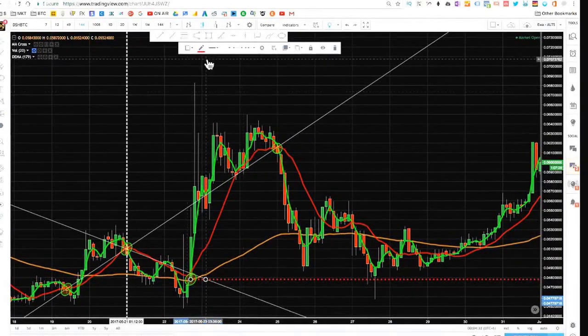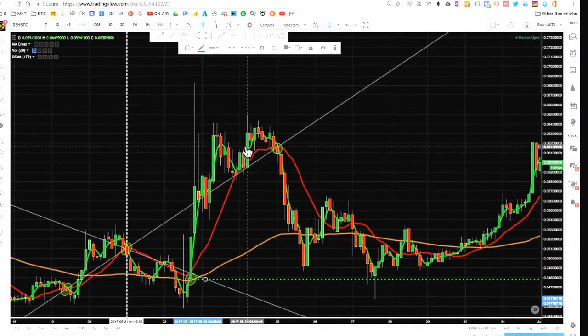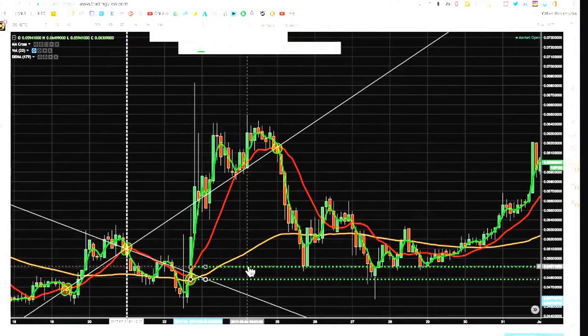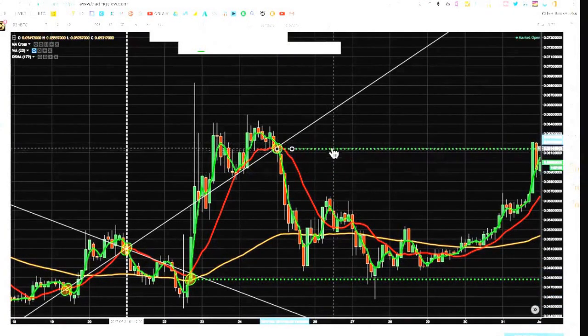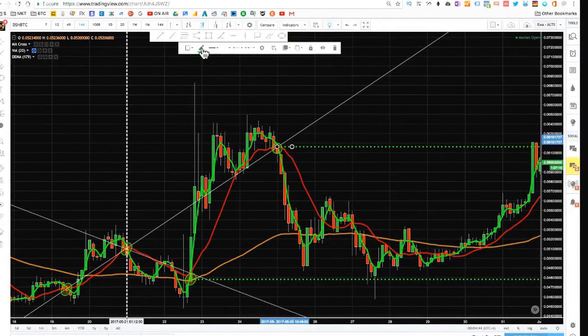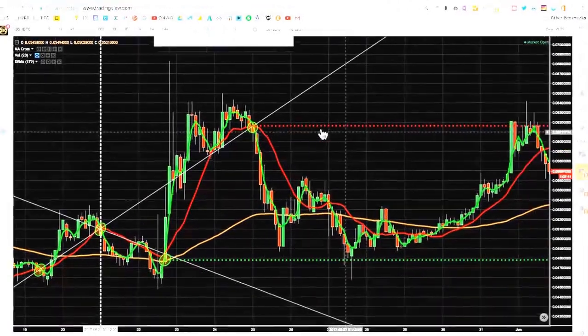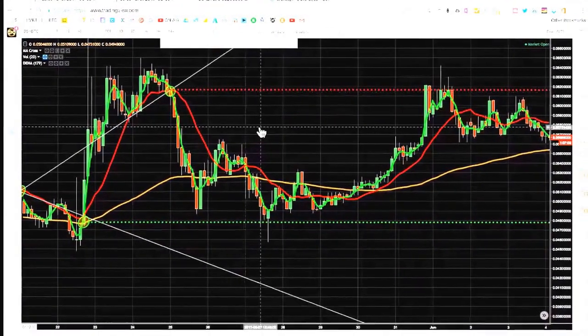Okay, so again, we take a green line for breakout, connect it to the point, move up the chart. We see that that one was resistance, and let's just keep moving down, see what happens.